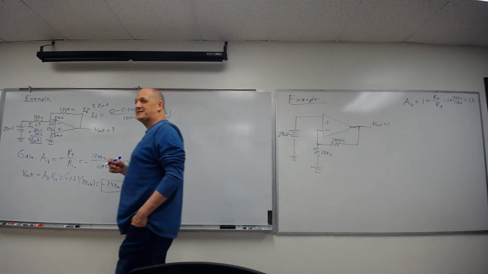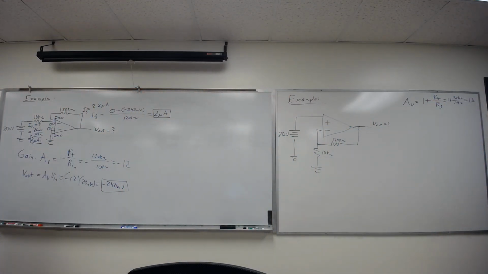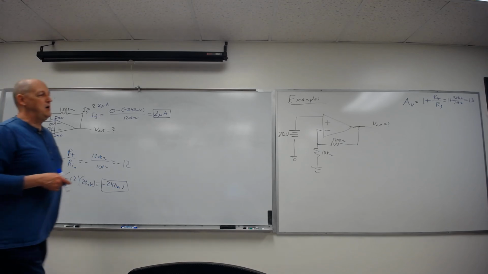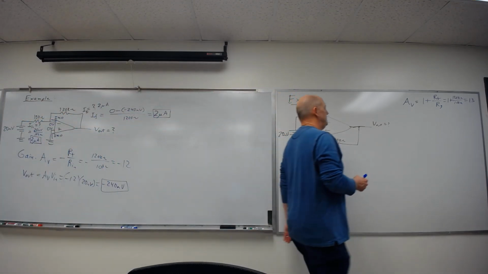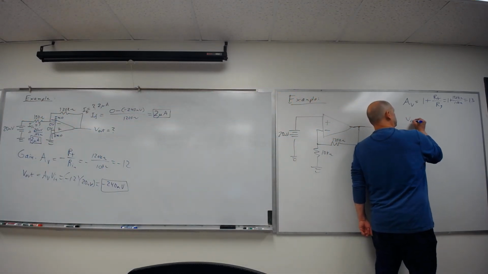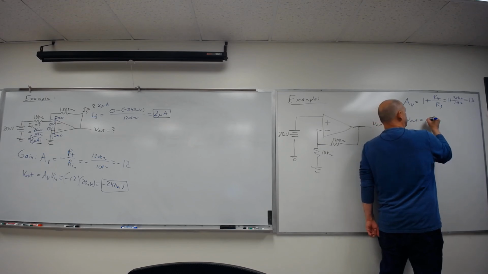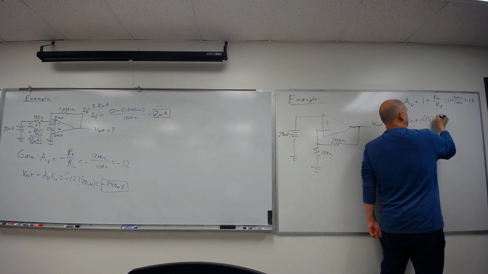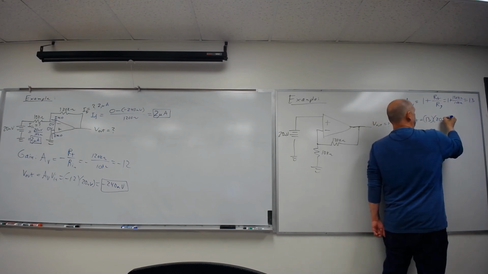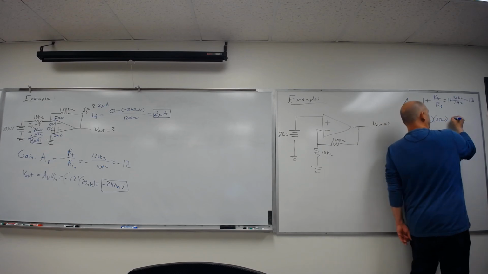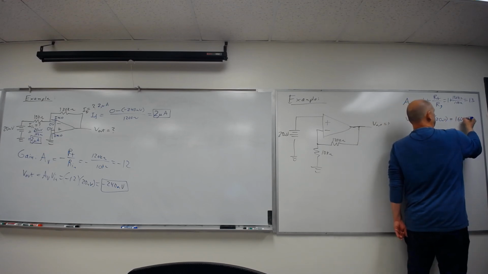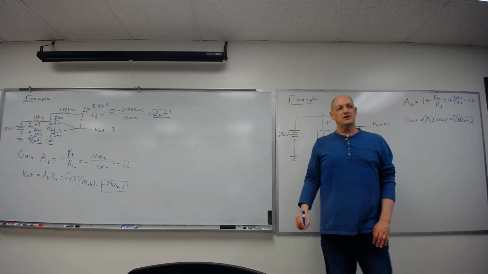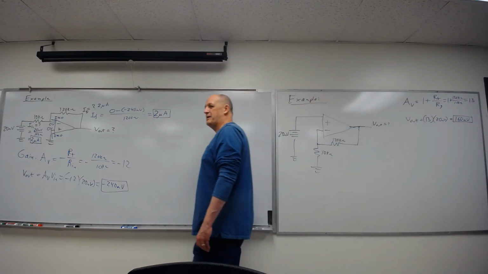So my gain in this case is 13. So therefore, my output voltage is the gain times the input. 20 times 13 is 160 millivolts. It's non-inverting, so my positive input gives me a positive output.